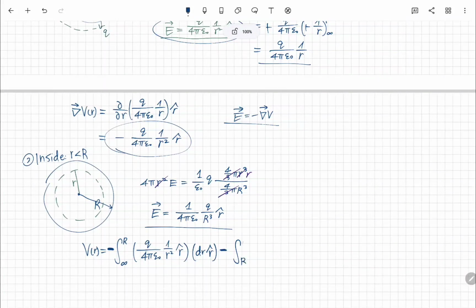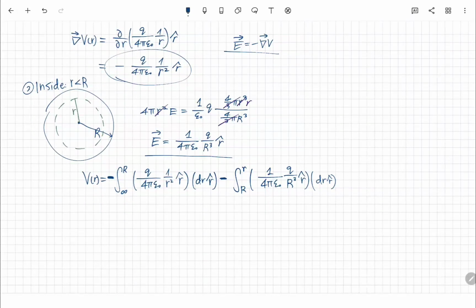So from R to little r, we have our field 1 over 4 pi epsilon naught Q r over R to the third in the r direction times dr in the r direction. Okay, the pen's messing with me. Again, it's fine.